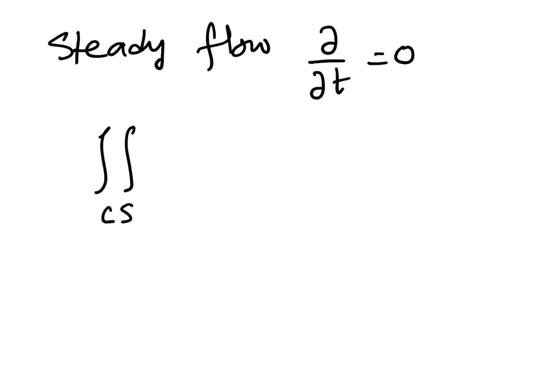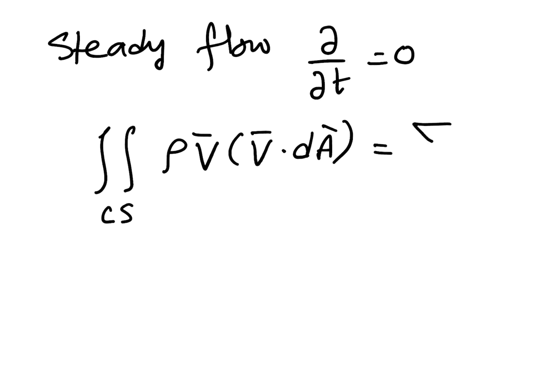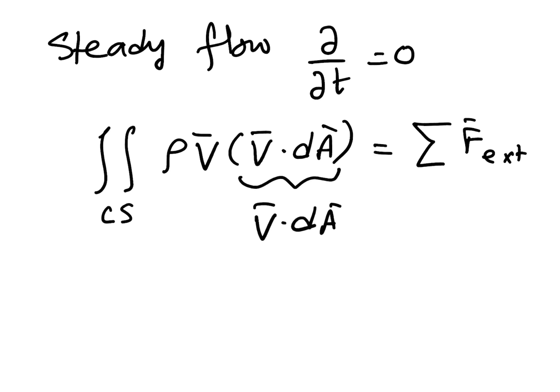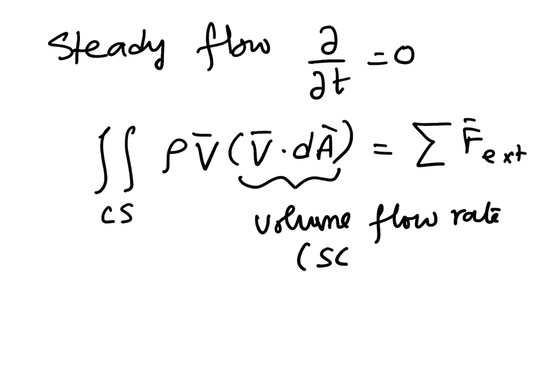So we have the integral over the control surface of rho v v dot dA equals the sum of all the external forces. Now what is this quantity? This is v dot dA, or this is the volume flow rate, a scalar.